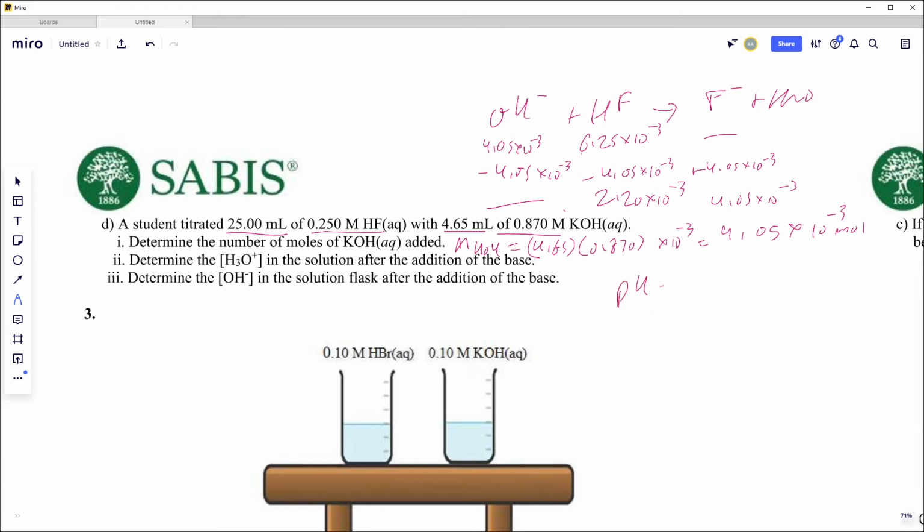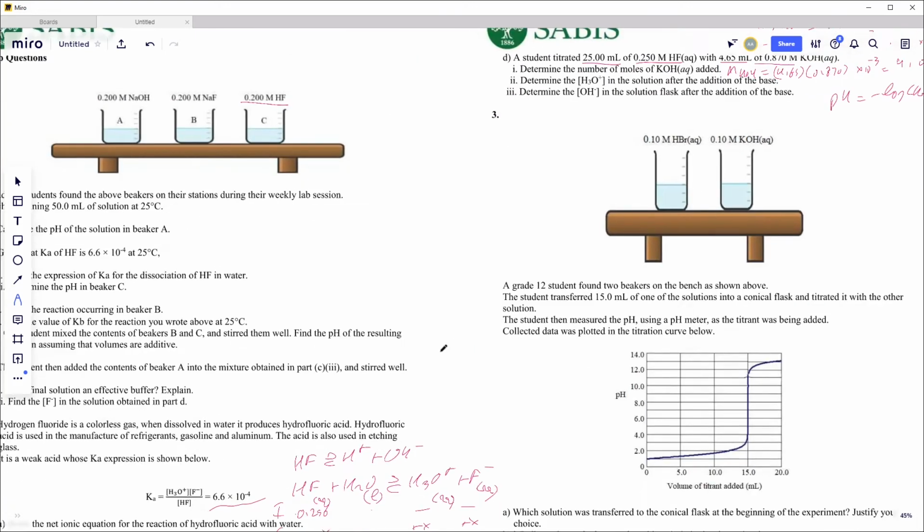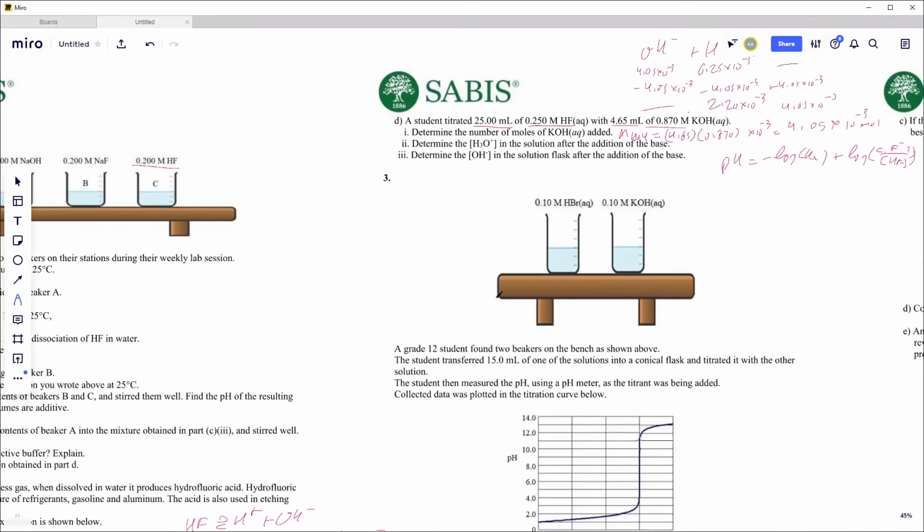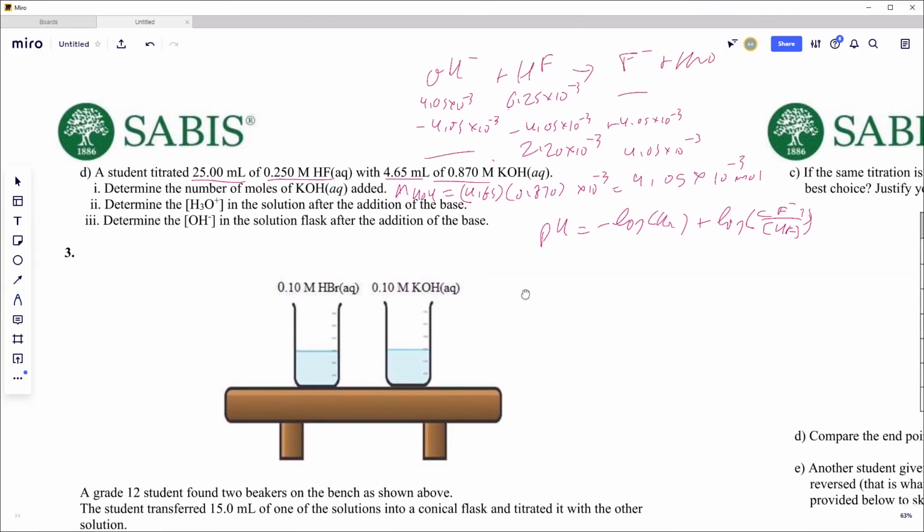So the equation will be pH equals minus log of Ka plus log of the concentration of the base, which in this case is F minus, over the concentration of the acid, which is HF. Ka is given from the other part, 6.6 times 10 to the power of minus 4. Okay, so I've got that memorized.